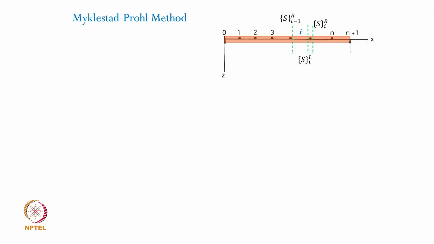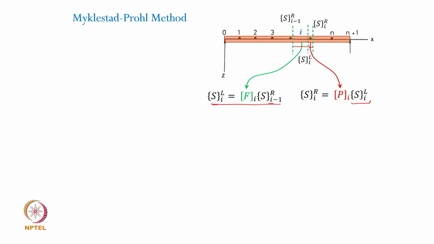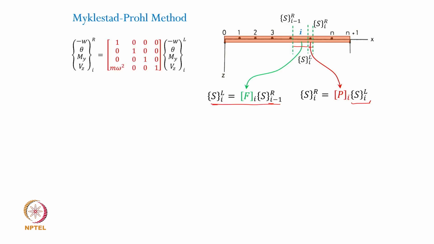So this is how we got started. We established this field matrix, and then we also established this point matrix, right. So this is how the state vectors are related, and now it is quite easy that I can replace this particular state vector using this relationship, so that I get the relationship between the two state vectors.